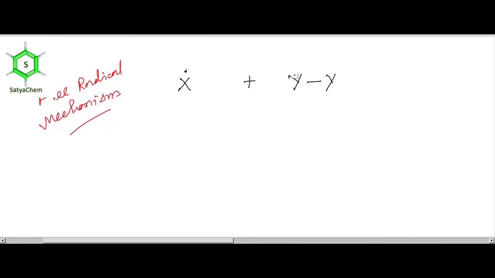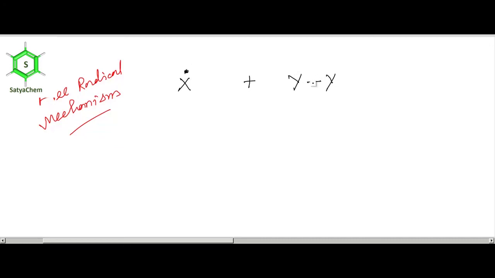Another one is the free radical mechanism. Suppose X is a free radical, and the other is Y-Y.